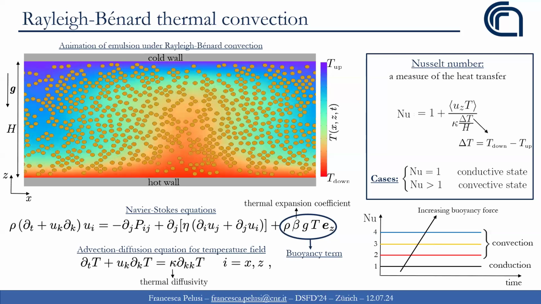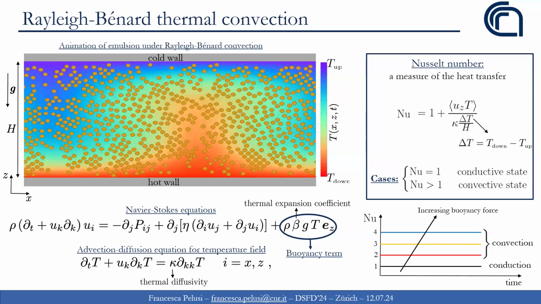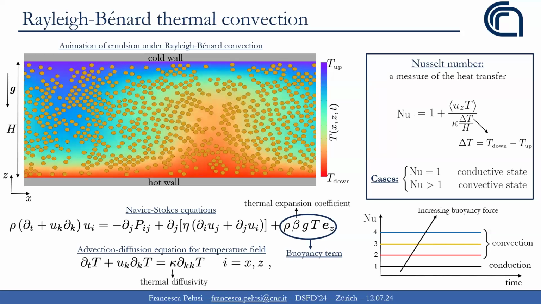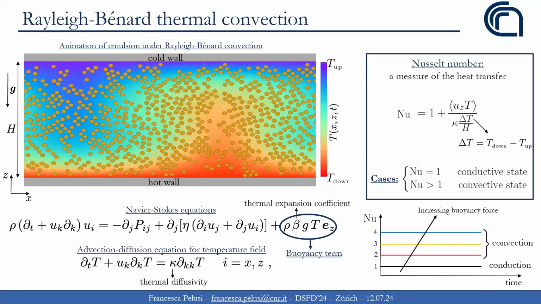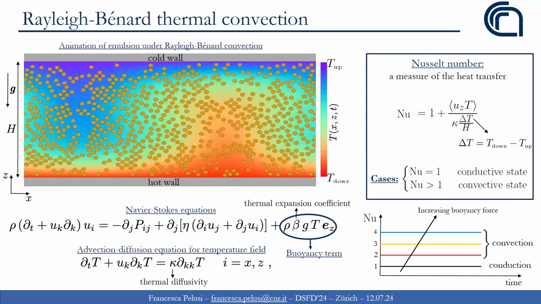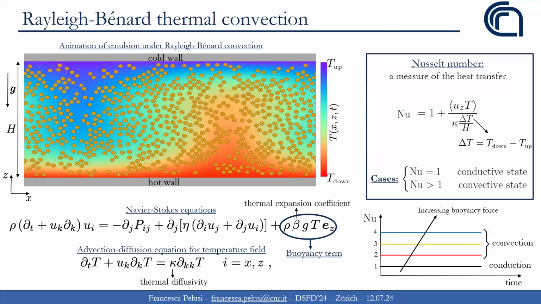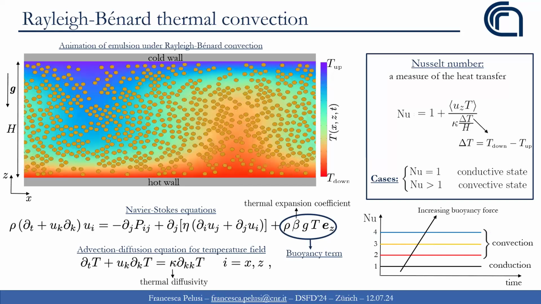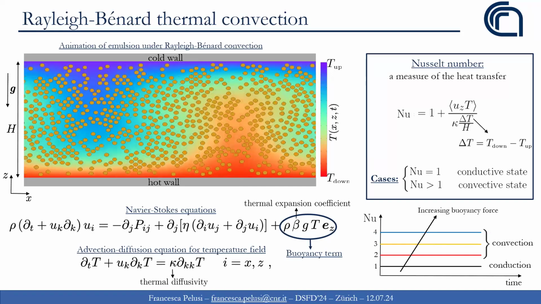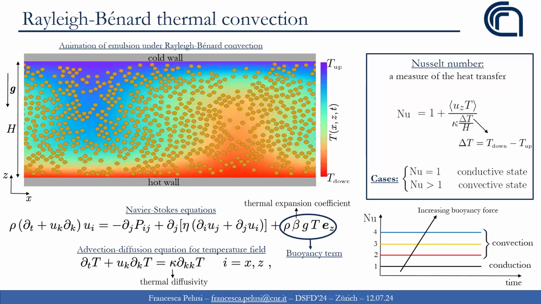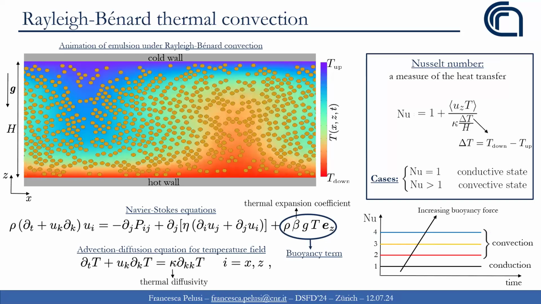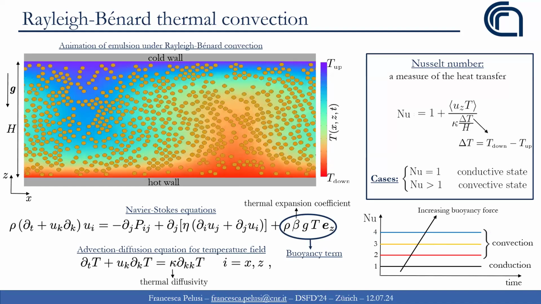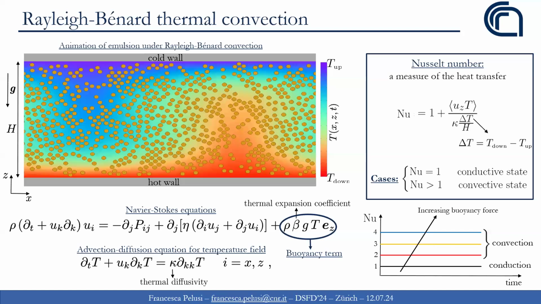So if we want to investigate the heat transfer properties in this kind of setup, we measure the Nusselt number, defined in this way, that gives us a sort of balance between the convective transport and the conductive transport inside the material. And to give you an idea, if we are considering, for example, water, a simple fluid that is in a conductive state, so no convective role appears in this case, then this term here has no contribution, and the value of the Nusselt number is equal to 1.